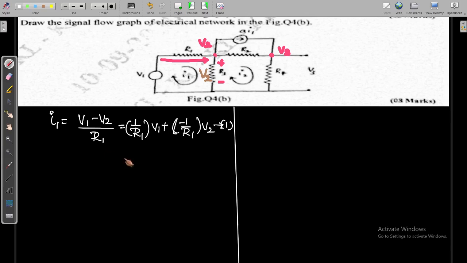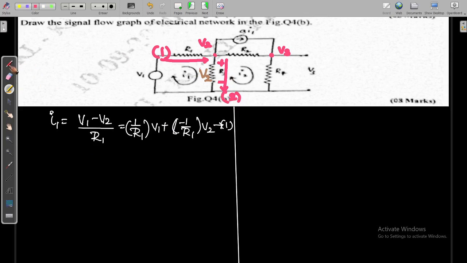Next we can write this node voltage equation. For this branch, the first equation is here, the second equation is this one.